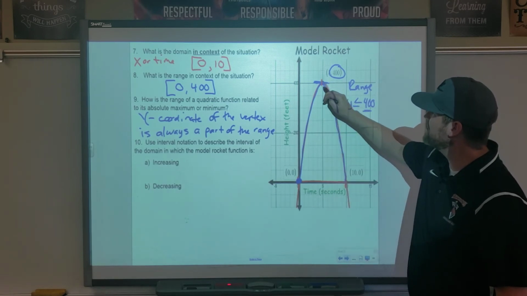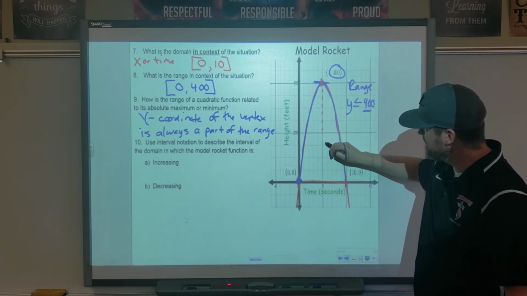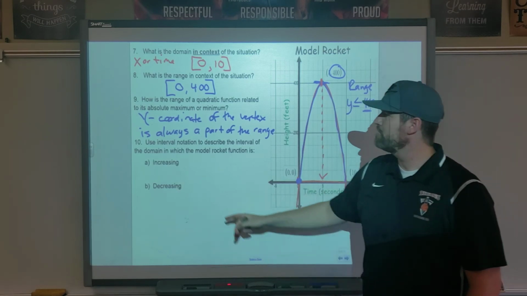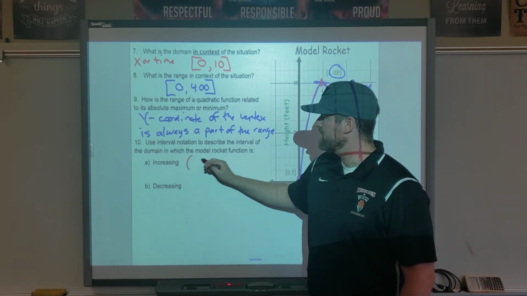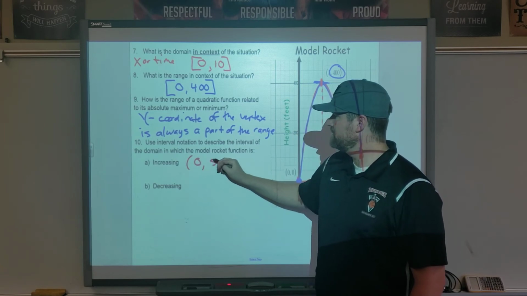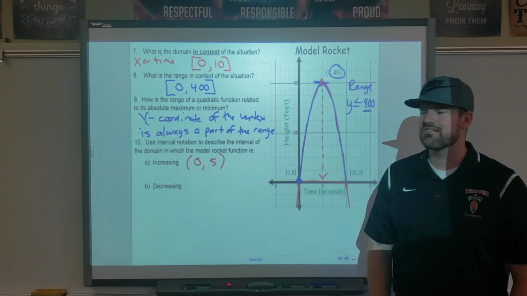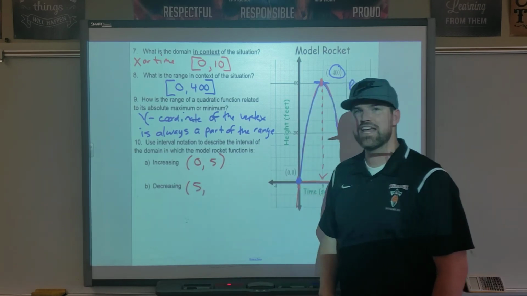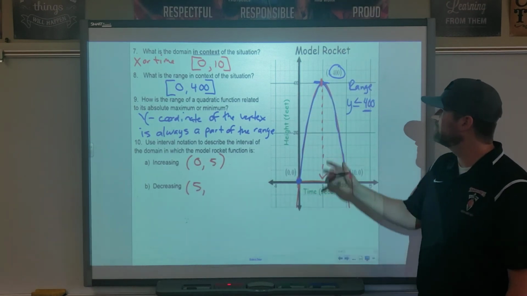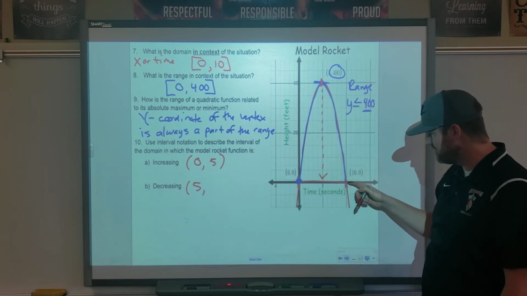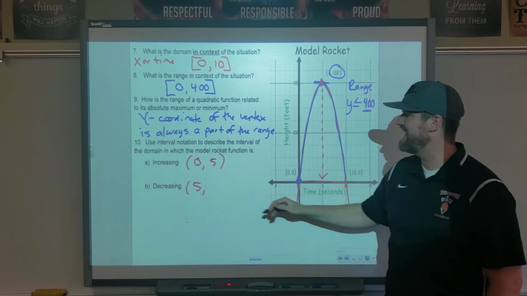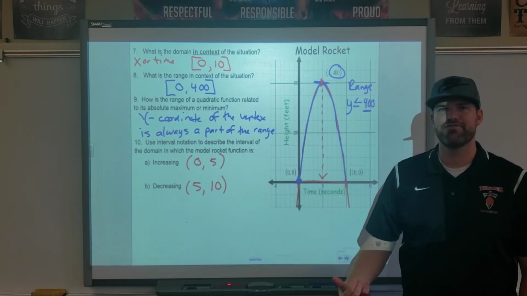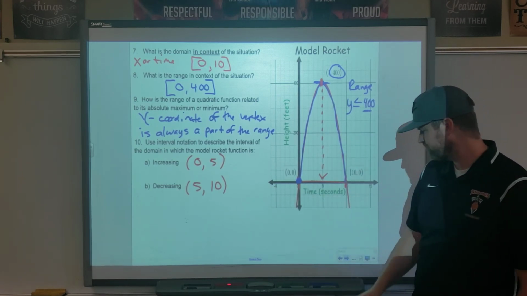Well, when it hits here, which has a time of 5 seconds. So I know the rocket is increasing from a time of 0 until a time of 5 seconds. Once it reaches 5 seconds, the model rocket is going to go down until when? Well, it's going to go down until it hits the ground, which was at a time of 10 seconds. So it's decreasing from the time of 5 to 10.